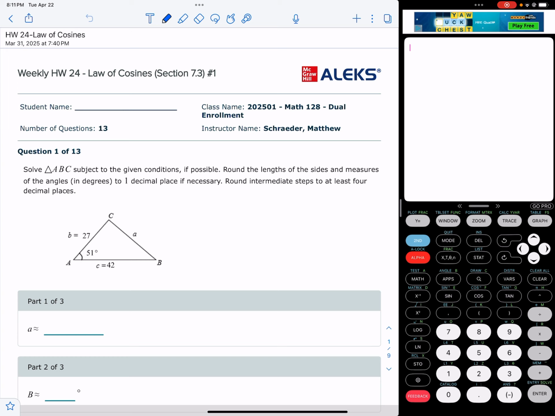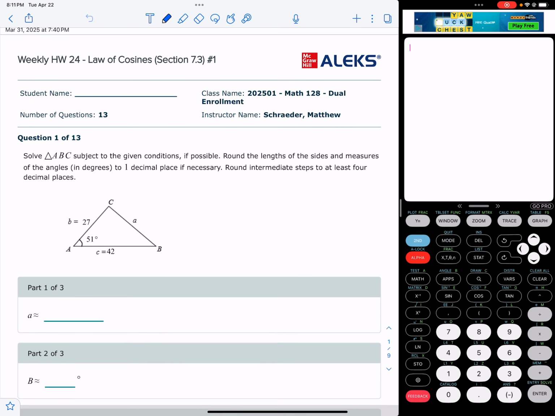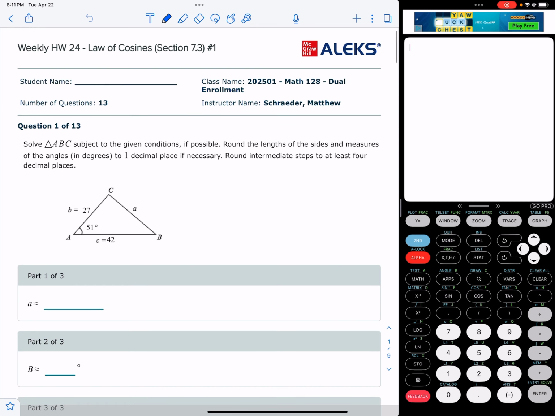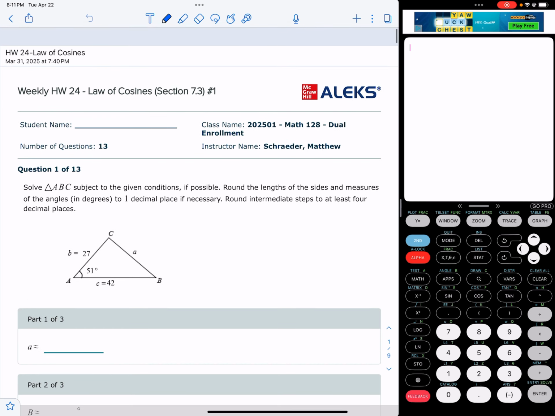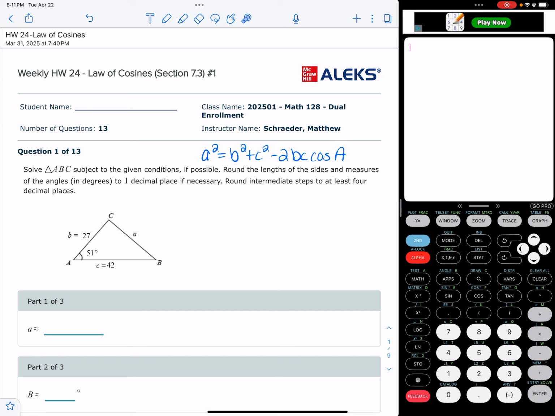Okay, so law of cosines we've done before. We did those in AP Pre-Calculus, but let me remind you of the formula. It is a squared equals b squared plus c squared minus 2bc cosine A. The important thing is that whatever angle you're using for cosine is the side that is set equal to.